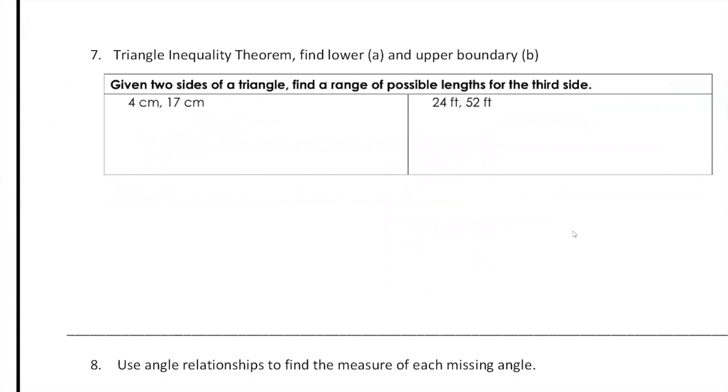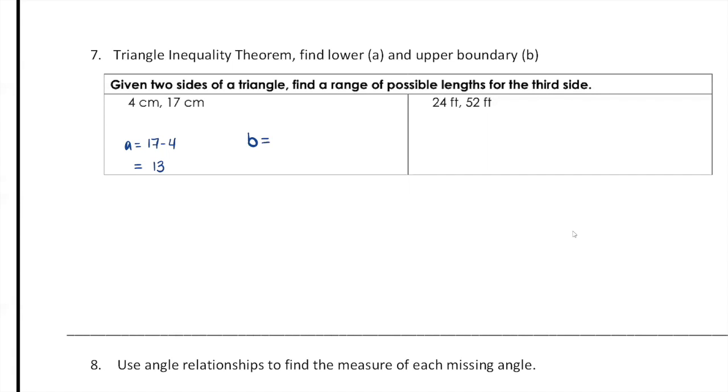Triangle inequality theorem, remember we want to find the lower boundary A by doing the difference, upper boundary B by doing the sum. So A is 17 minus 4, which is 13.